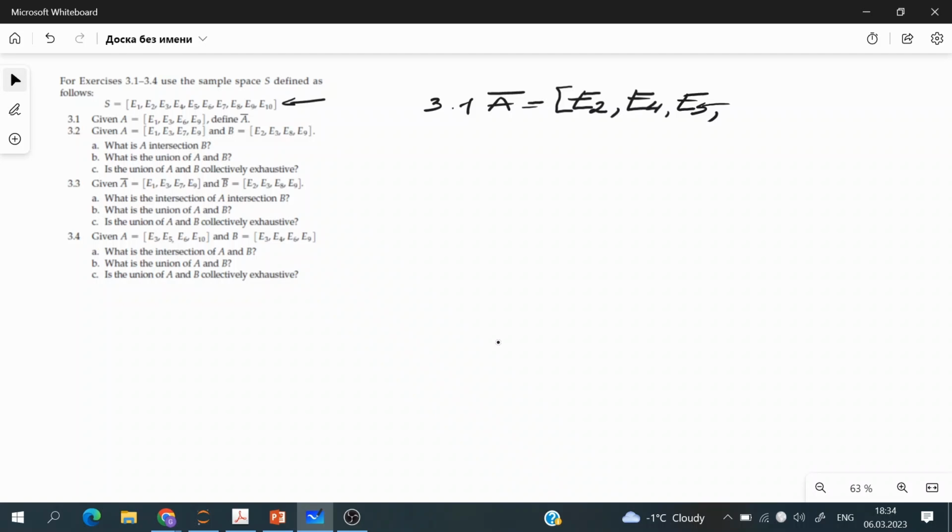For event A, we have E6, but we don't have E7 and E8. Therefore, we will have its complement. So basically, we're done. So remember, the complement is everything that lies outside of event A.